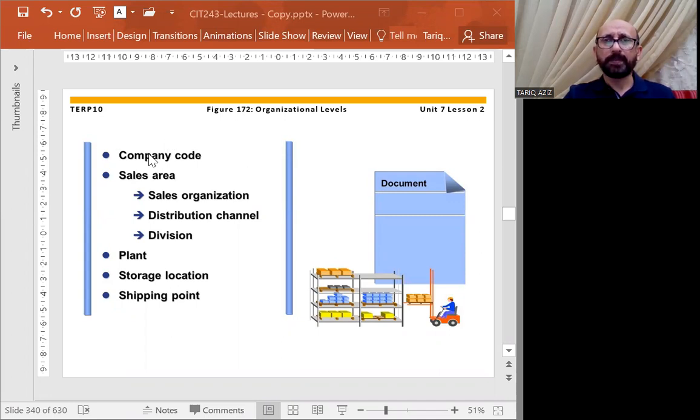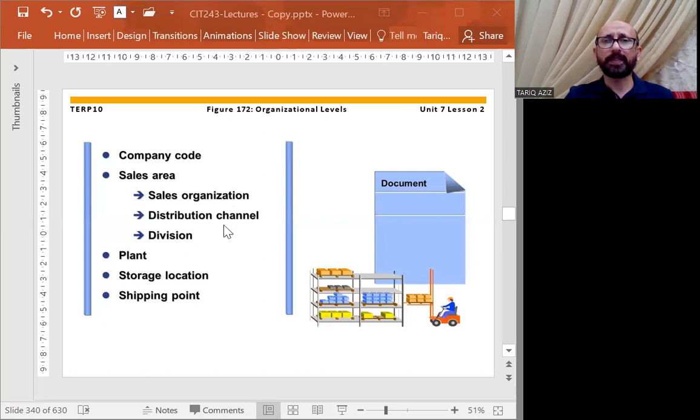So we will have a company code, and then we have the sales area. Sales area is not an organization level actually. Sales area contains three organization data. Sales organization, yes, this is an organizational data. Distribution channel is an organizational data. Division is an organizational data.